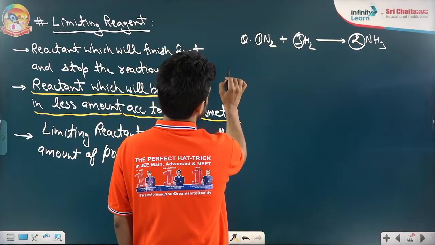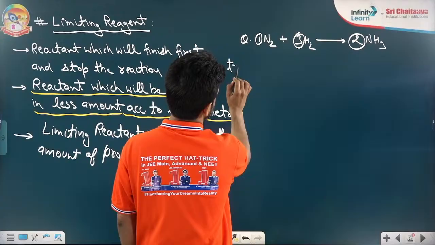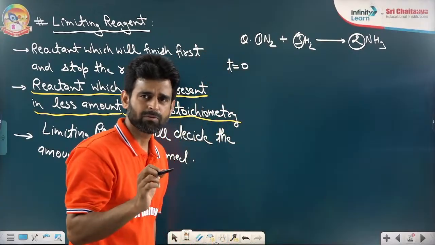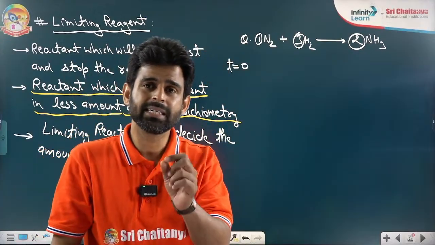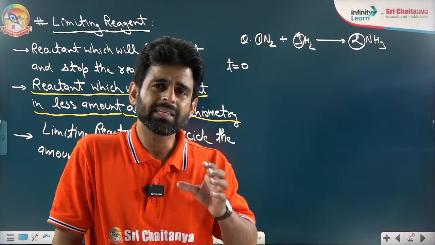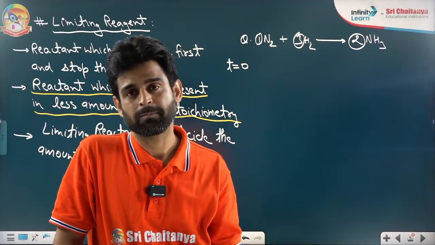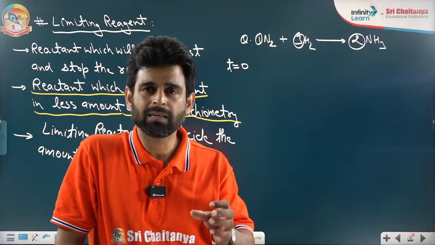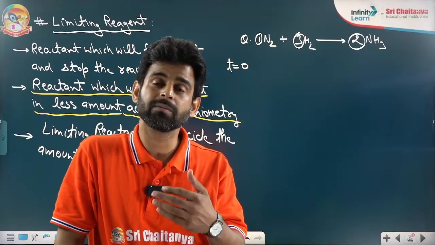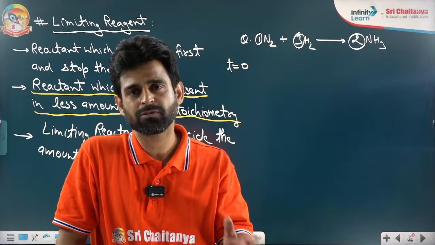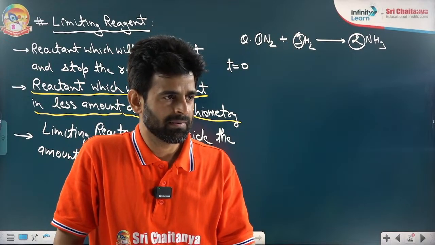Now in such types of questions I will write T0. T0 means initially what they have taken. T final means after the reaction, what will remain or what will be the amount of product formed, right?